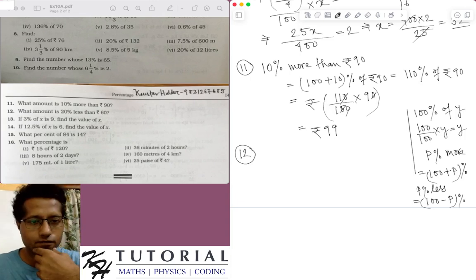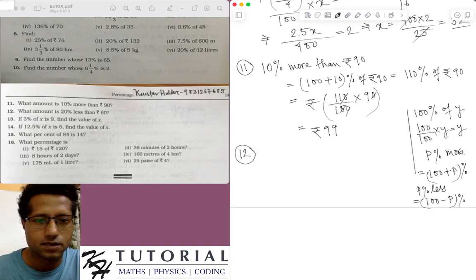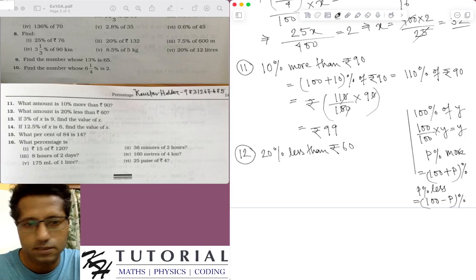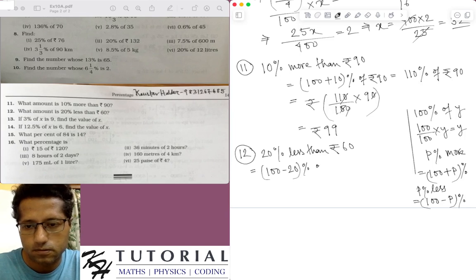So now problem 12 says, what amount is 20% less than rupees 60? 20% less than rupees 60 is nothing but equal to 100 minus 20 percent of rupees 60.